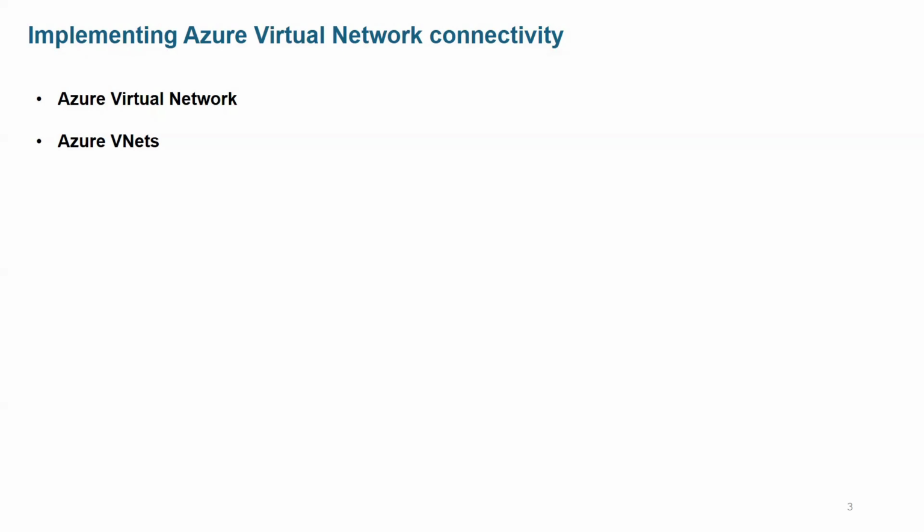So what is a VNet? It allows resources to communicate securely between devices, between VMs. For example, you have one VNet and another VNet, some machines are in one subnet and some machines are in another subnet. So that is why we require an Azure Virtual Network and VNets.